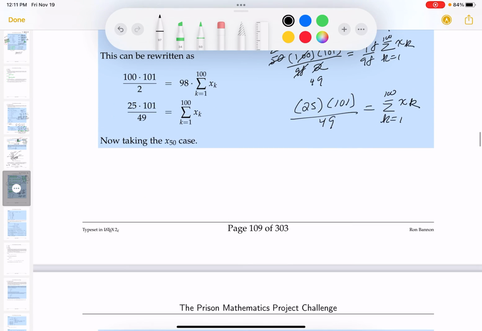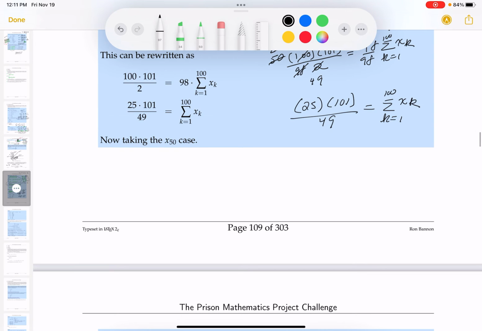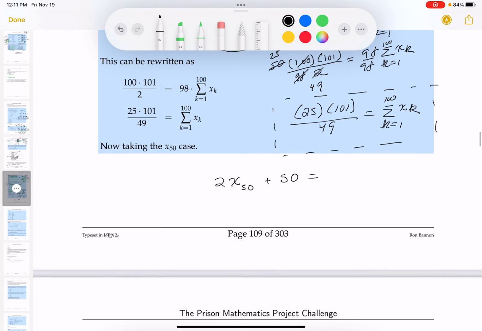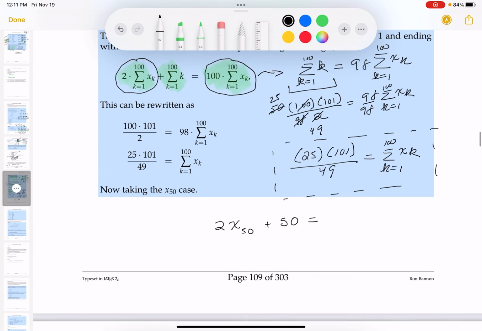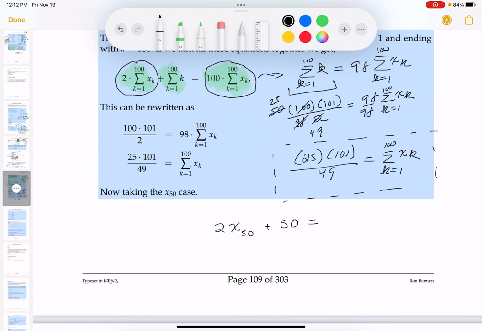So let's take a look. We got this relationship over here. Let's write this down. 2x50 plus 50 is going to equal, remember we talked about this before, right? 2x50 plus 50 is just going to equal this thing over here.